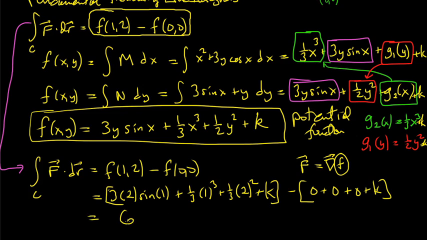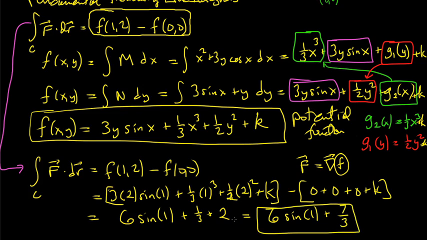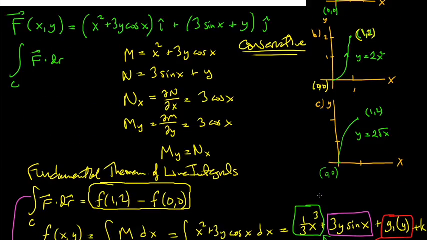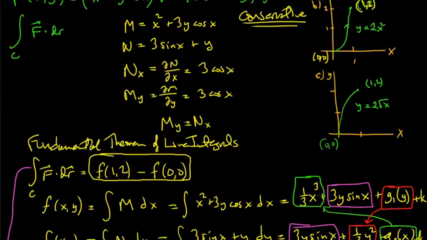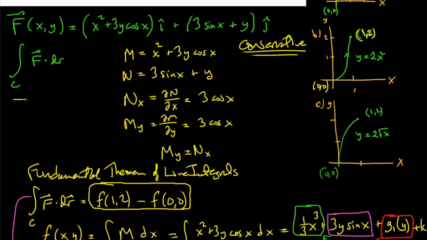So this is really just going to be 6 times the sine of 1 plus 1/3 plus, oh, sorry, this is 1/2 of 2 squared. So half of 4 is 2. So this is 6 times the sine of 1 plus 1/3 plus 6/3, which is 7/3. Okay, so that's the value of this line integral, 6 sine 1 plus 7/3. Sorry, that's a 6.